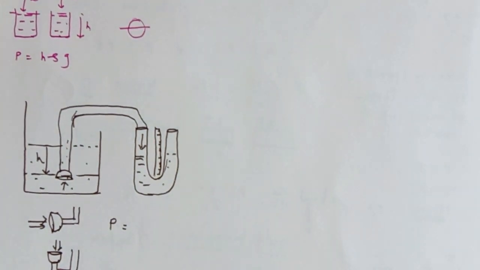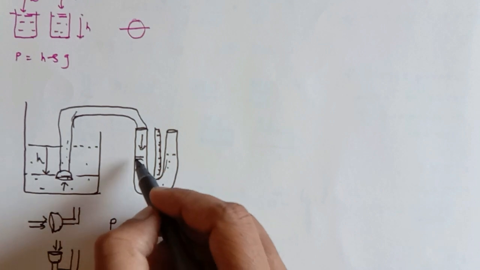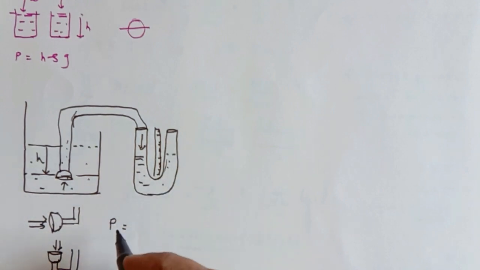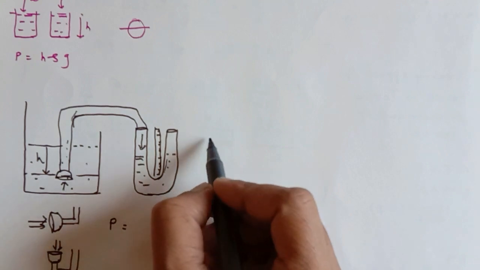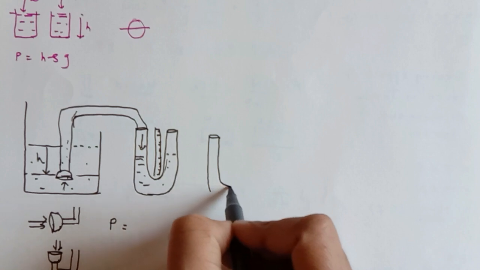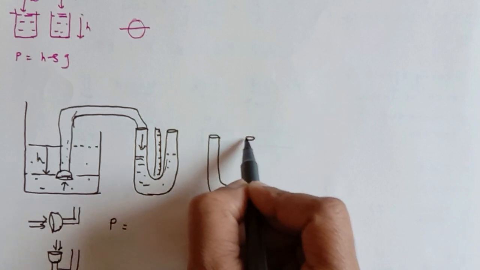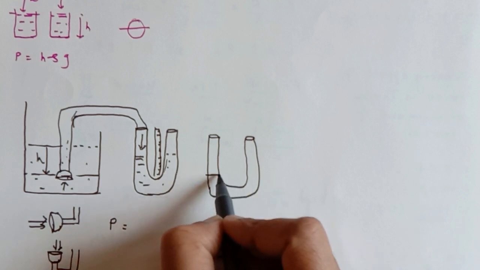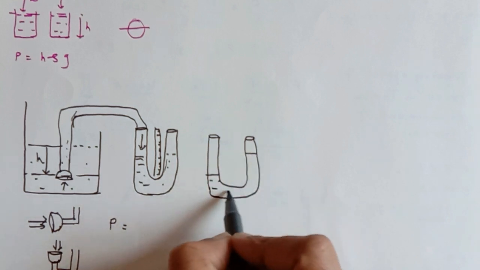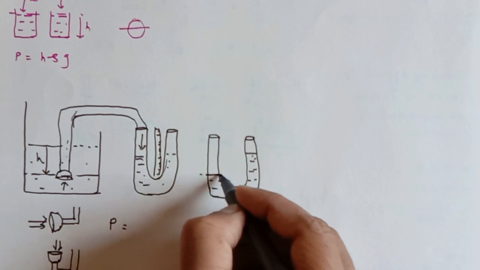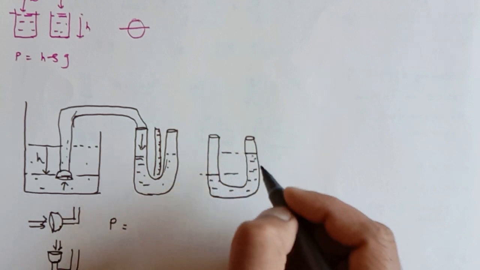So the mercury level here is going to go down and the mercury level here is going to go up. So finally you would be seeing something like this. On one side the mercury level goes down, on the other side the mercury level goes up.